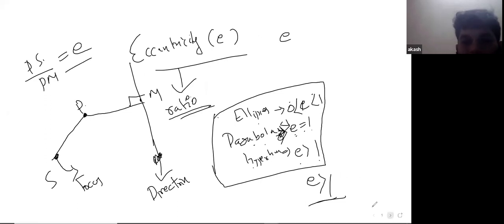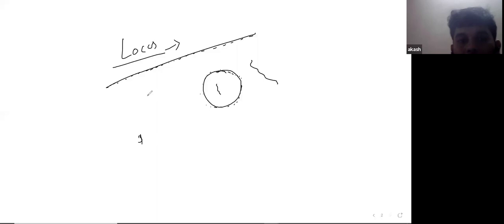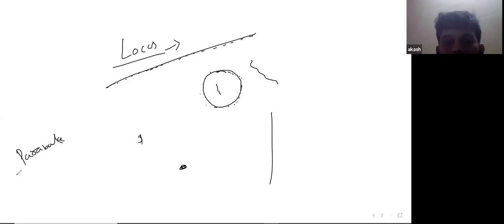The definition of parabola is the locus of all the points which are equidistant from a given point and a given line. If you want to write it for clarity, you can write it down. How do we define a parabola? Its definition is the locus of all the points which are equidistant from a specific point and a given line.